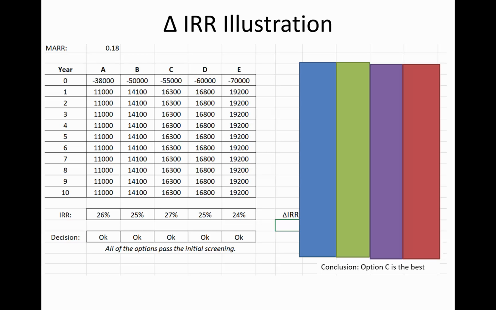Okay, now here's an illustration. We've already done an incremental analysis illustration with two options. But sometimes it's more complicated than that. In this case, we're going to compare 5 options. And you can see up at the top of the screen that the minimum attractive rate of return is 18%.